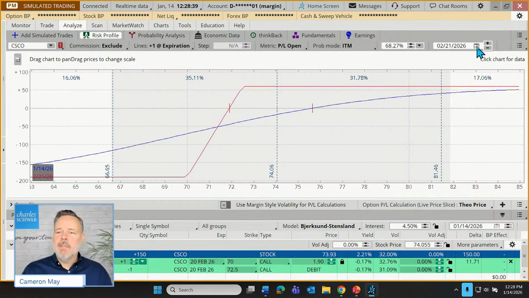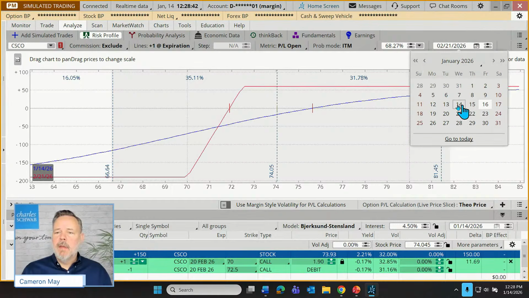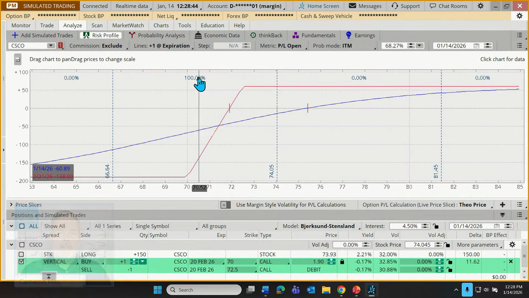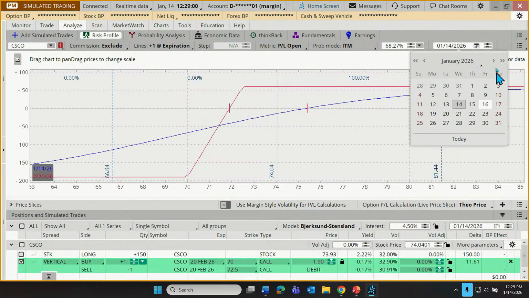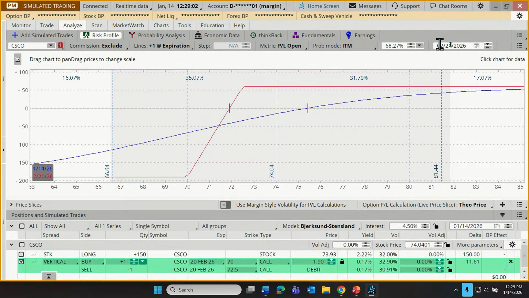Before we made that adjustment, it just says 100%, 0, 0, 0. That's because what these numbers are doing is they're looking at the current price of the stock. I'm going to switch this back out to February. I think it's going to be a little bit more meaningful way to learn this, okay? So let's go out here to February, go to the expiration.